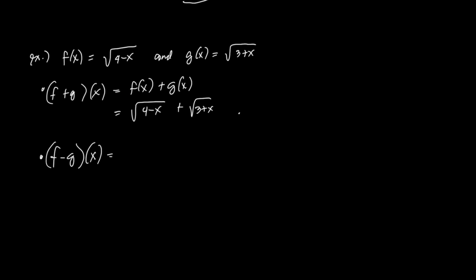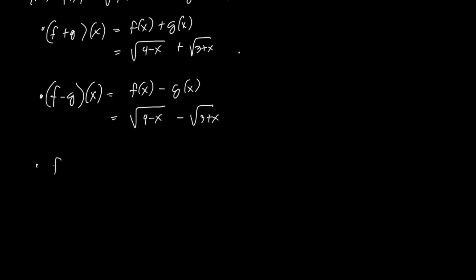Now for (f minus g) of x, that is f of x minus g of x, which is the square root of 4 minus x minus the square root of 3 plus x.